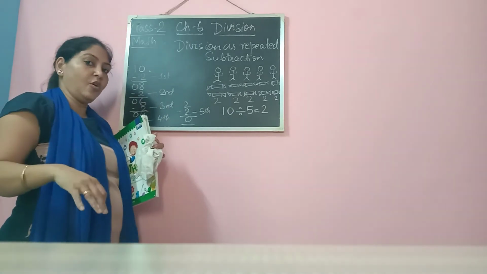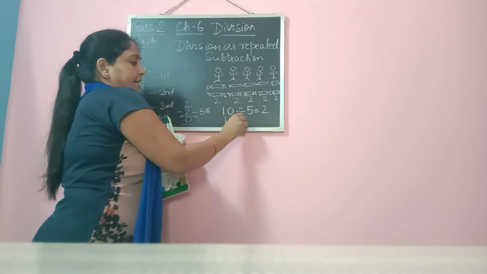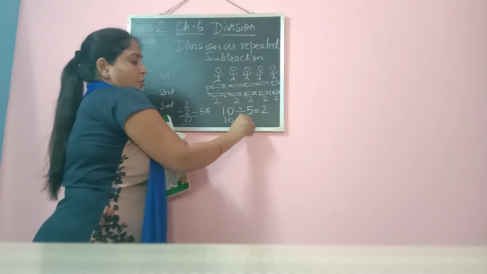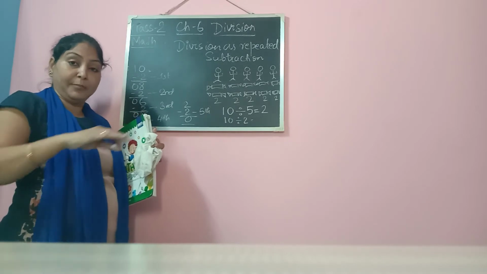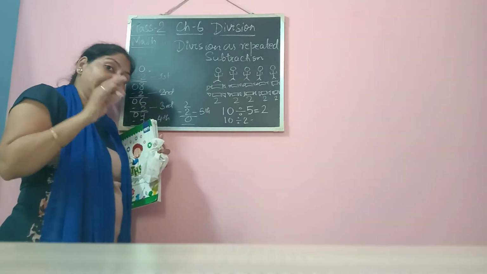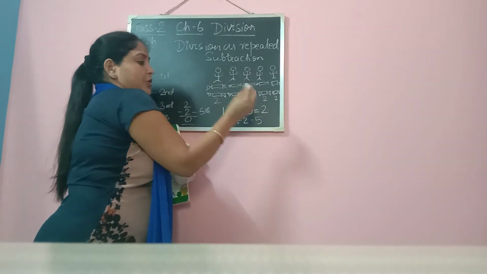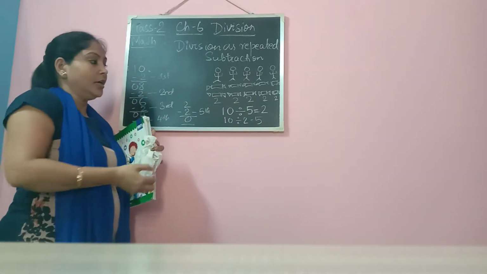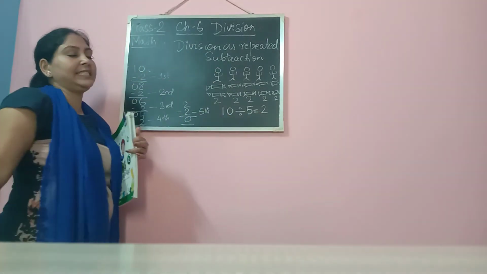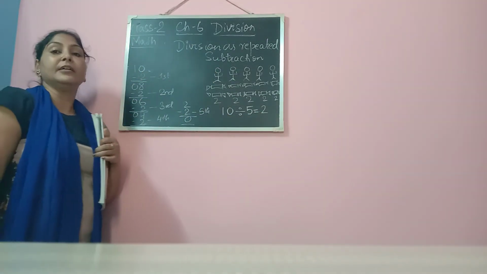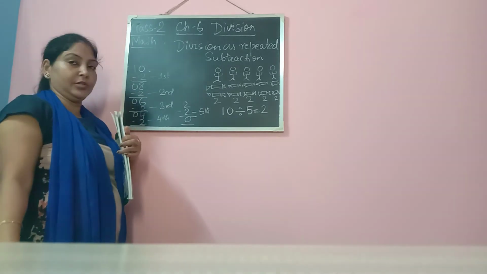Had it been just the opposite, say for example, if I write 10 divided by 2, that means these 10 toffees are divided among 2 children. Then each child will get 5 toffees each. Alright. Now, from this example, we learn that division is also known as repeated subtraction.